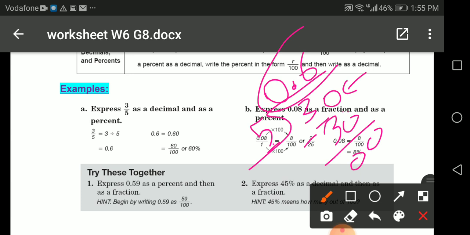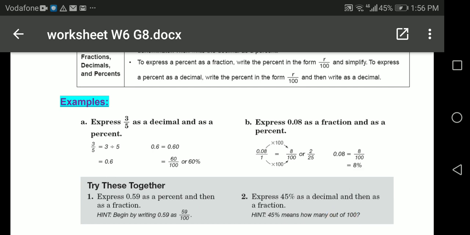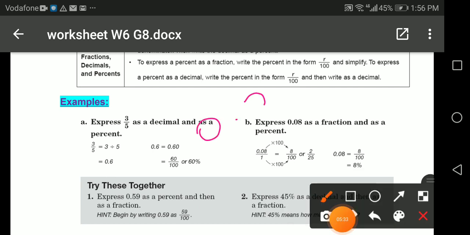Remember, I want here a percent. How can I do it? To get a percent, divide 0.6 by 100. So I have two zeros. What should I do? I'm gonna move two places. Remember 0.6 over 100, guys, can I add here another zero?